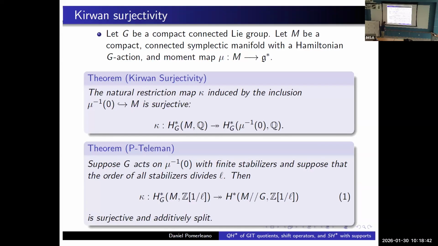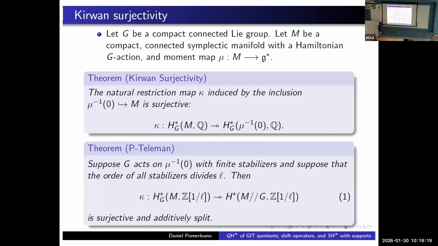And in this context, very recently, if you have finite stabilizers, then you get surjectivity by just inverting the order of all those stabilizers. And so in particular, if the action's free, one has surjectivity with Z coefficients.